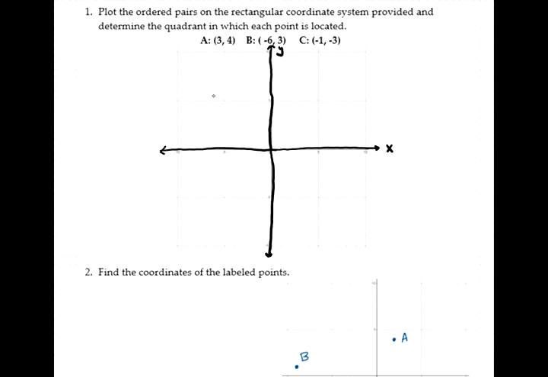And we do that with these ordered pairs, or we could refer to them as points. The location of points. Any position on the xy plane has to be described by two numbers.